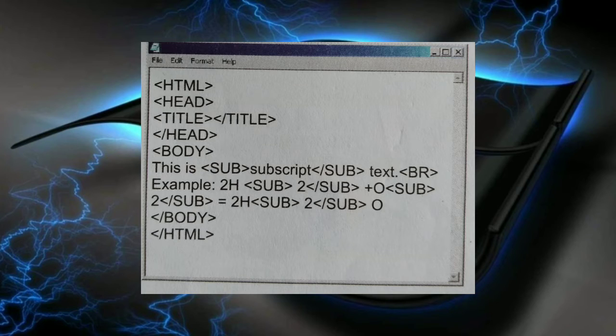Then break tags. Example, 2H open tag SUB 2 close tag SUB plus O open tag SUB 2 close tag SUB equals 2H open tag SUB 2 close SUB O. After that, close the body tags and last one, close the HTML.